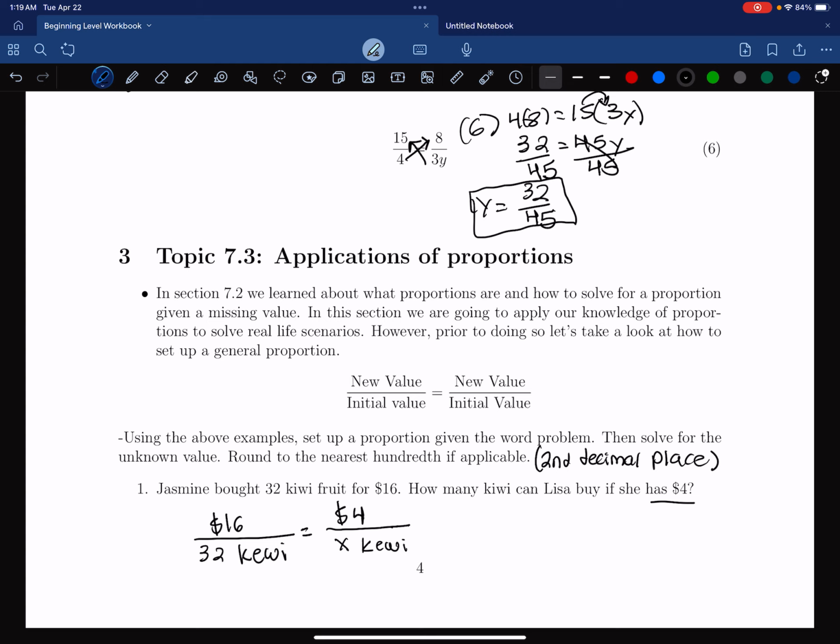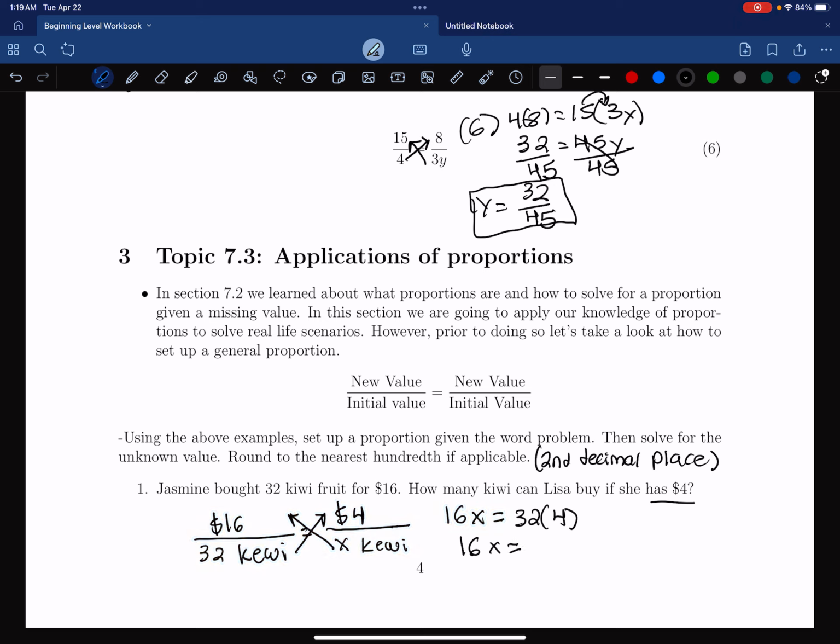And then here, we're going to solve this proportion by solving for x like we did in the previous scenario. So we're going to cross multiply. So we're going to get x times 16, or 16x equals 32 times 4. And then we're going to simplify this a little bit more.